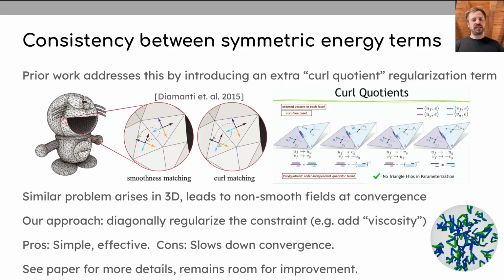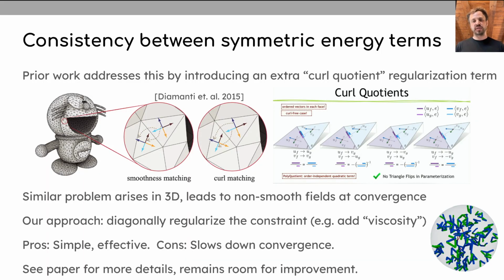Two more things I would like to discuss. One thing that I want to point out is that there's a somewhat subtle point in our formulation, which is that our notion of symmetric integrability and symmetric smoothness are both symmetric, but that doesn't guarantee that the notion of symmetry is the same. This problem was also encountered in Diamanti et al. 2015, where the smoothness matching and the curl matching terms didn't agree.